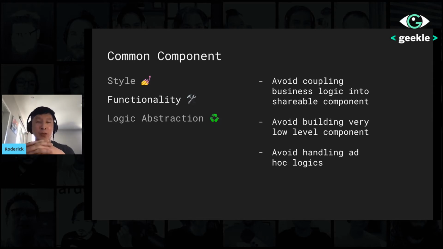A common mistake is that you couple your business logic into the shareable component. For example, if you have a component that has an optional footer to be displayed and controlled by a React prop, you should probably name the prop using the feature instead of the context.